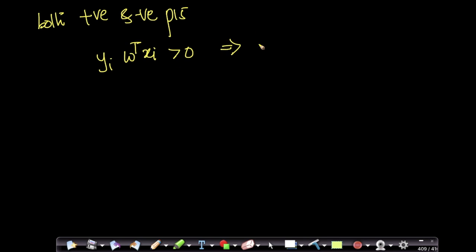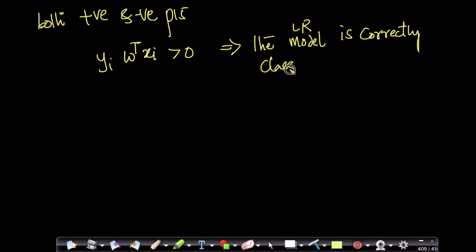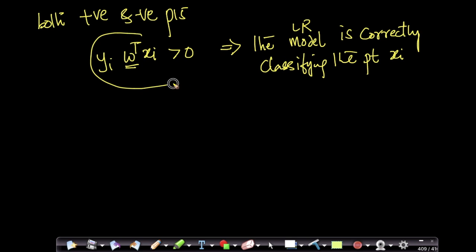This implies that the logistic regression model is correctly classifying the point xi. That's what it means, and this is what we want. We want to find a w which does this.